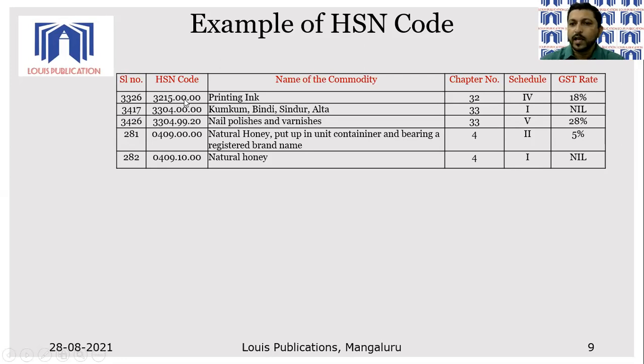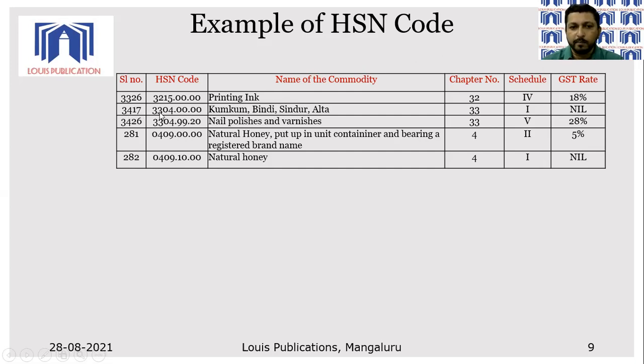So there is no classification and no sub-classification for printing ink. It falls under chapter number 32, schedule 4, and the rate is 18%. So the first schedule is 0 rate, second schedule is 5%, third schedule is 12%, fourth schedule is 18%, and fifth schedule is 28%. So depending on which category it falls, the GST rates are identified.